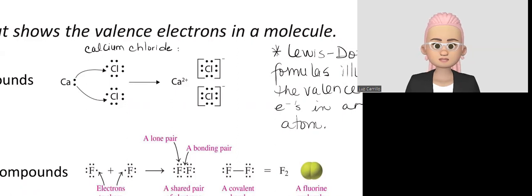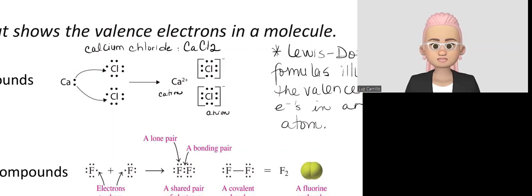Calcium chloride has the chemical formula CaCl2. So what this means is that we are going to have a calcium atom giving electrons away to chlorine atoms in order to produce a cation, which is going to be the calcium, because since it's lost 2 electrons and each chlorine got 1, we form 2 chloride anions.